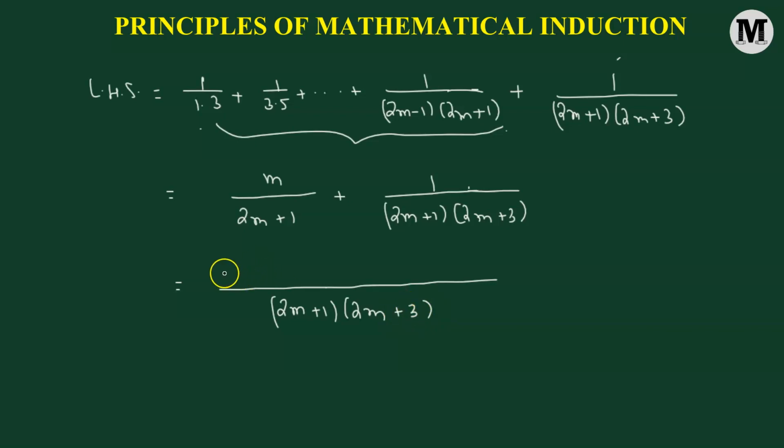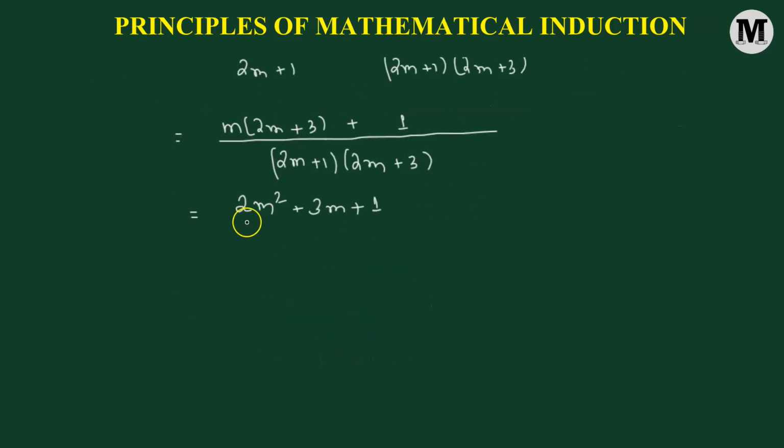Then in the numerator, we have m times 2m plus 3, added to 1. When we simplify this, the numerator gives us 2m squared plus 3m plus 1, whole divided by 2m plus 1 multiplied by 2m plus 3.